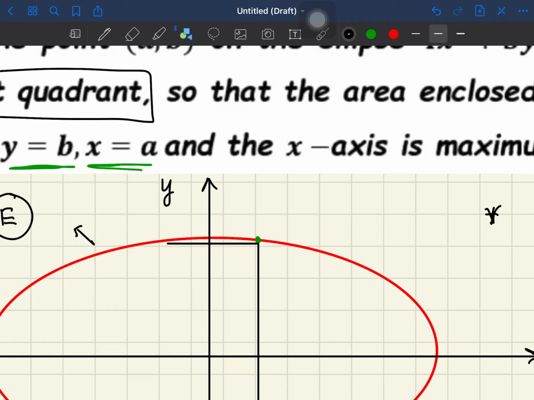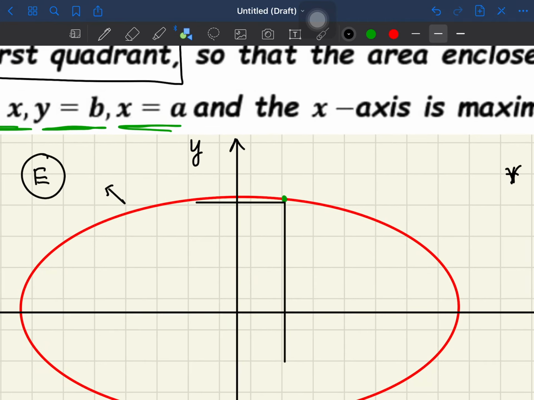Sorry, doesn't matter to me. Okay, one more thing is the line y equals x, which is 45 degrees to this one.